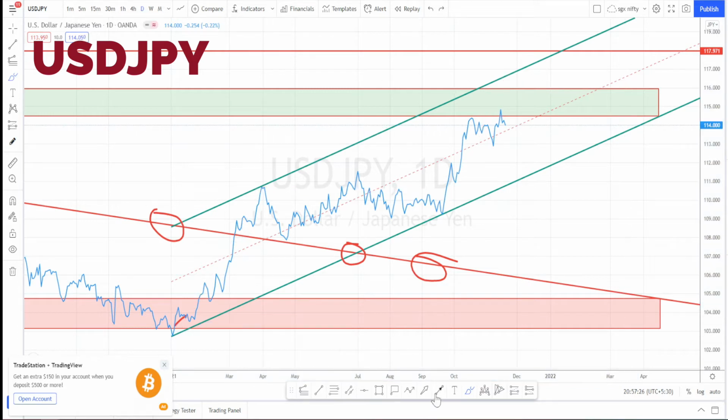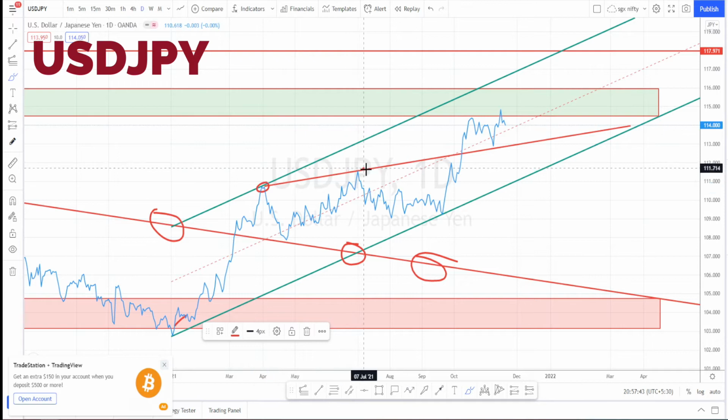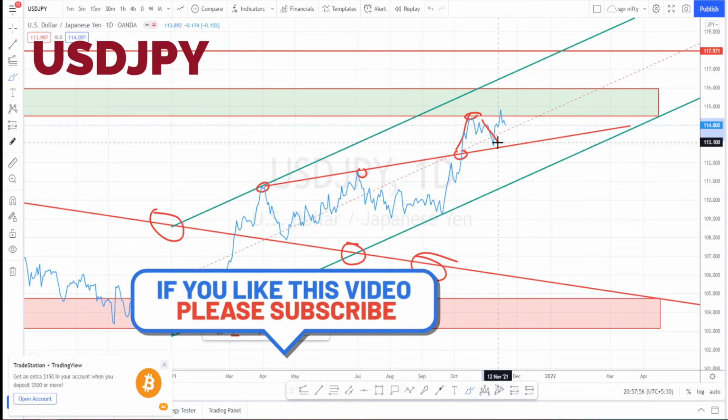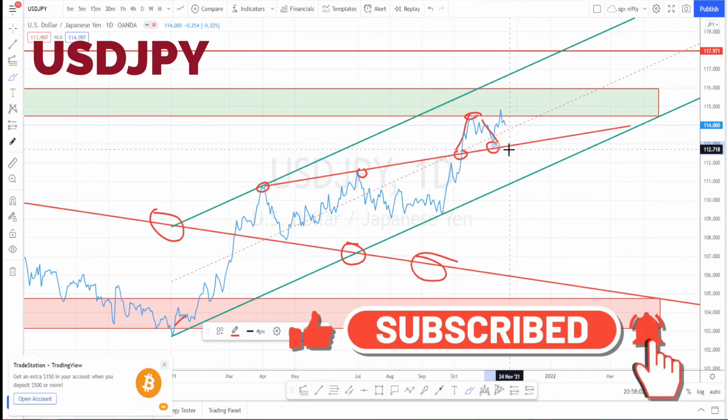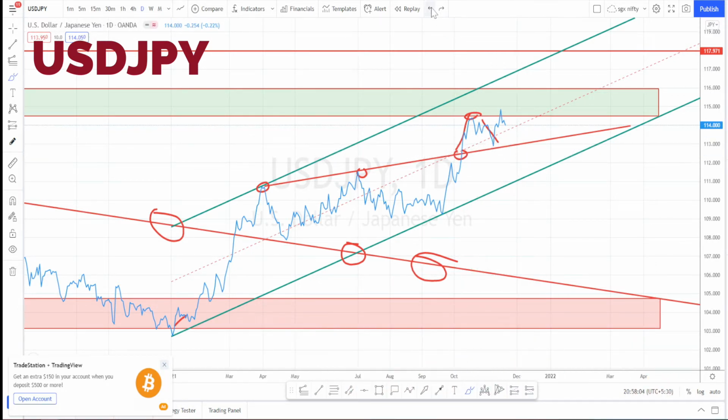When we look at the present price action, you can notice that this resistance line was acting as a resistance, and at this point it broke this resistance line and went up and tested this resistance area, and when it retraced also, it took support on this resistance line and now it is acting as a support line, and again it has started its uptrend and is trying to break this resistance line.